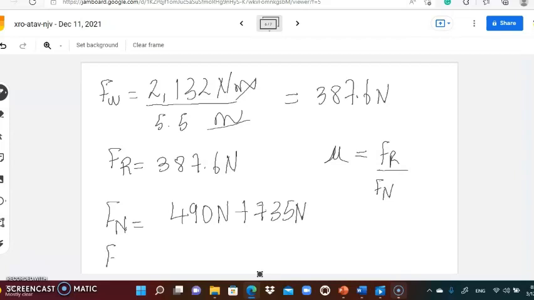So the normal force is going to be 1,225 newtons.